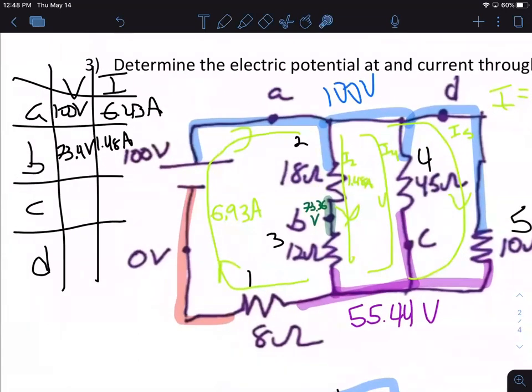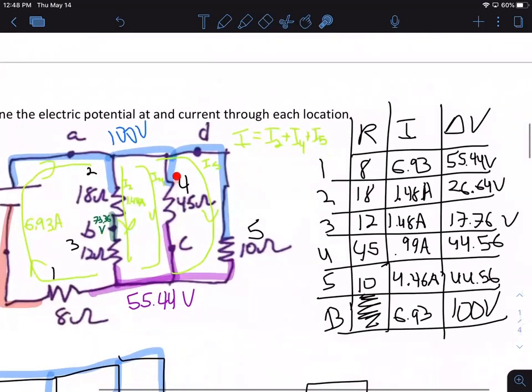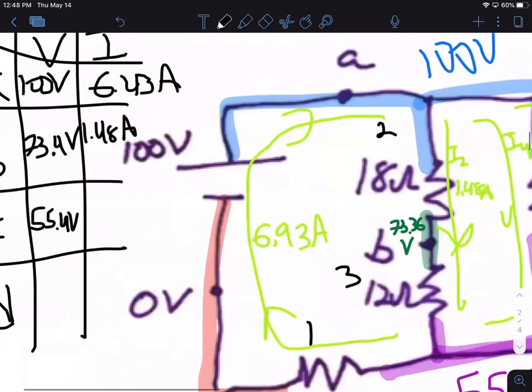C is here, potential of 55.4. And it's getting the current down the resistor for the 45 ohm branch, which we found was 0.99 amps. I wonder if we hadn't rounded if that would be exactly 1 amp.